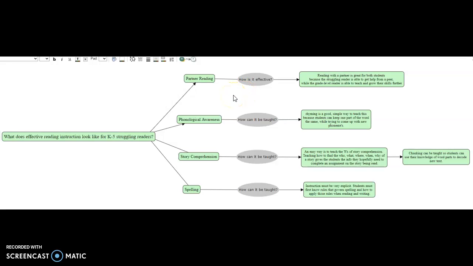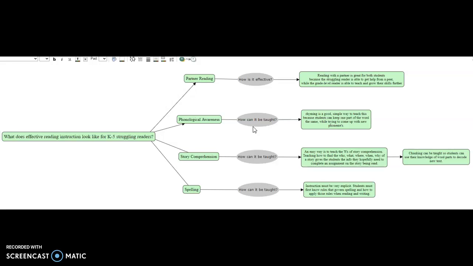Then I thought of major ideas that go along with reading instruction, and I thought of phonological awareness, first of all, and how can it be taught. And the most basic way to teach phonological awareness is rhyming.